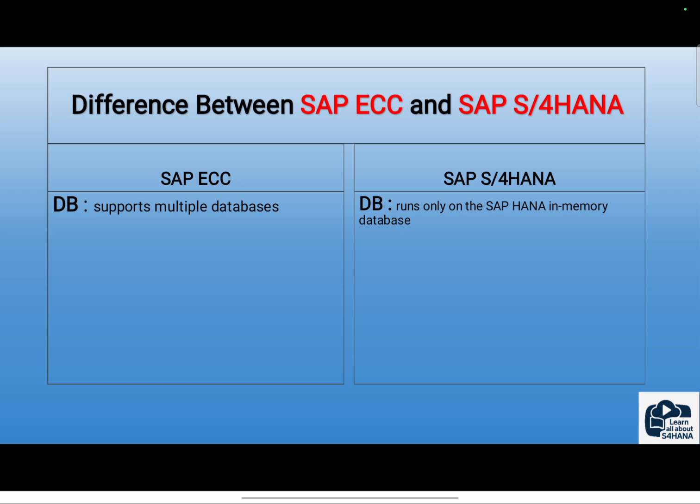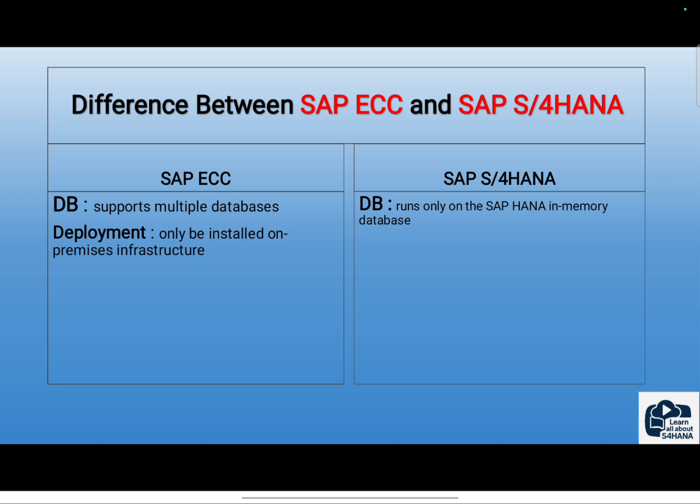There is also a chance of redundant tables and multiple copies of data in ECC. In S/4HANA, as it runs on an in-memory database, it computes data in real-time processing with a simplified data model, and the tables are fewer.